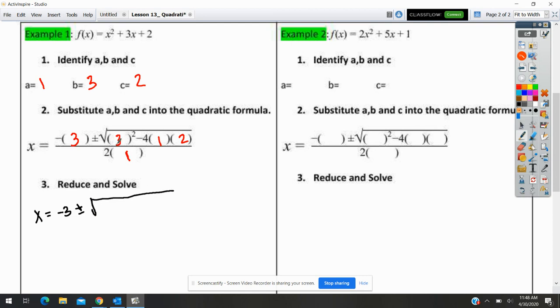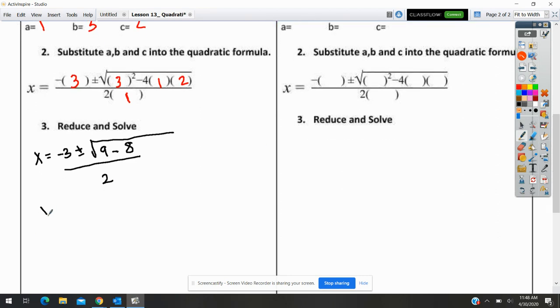Now, 3 squared, 3 to the second power, is 9. And here we have 4 times 1 times 2. I'm going to keep that minus, and 4 times 1 times 2 is 8, divided by 2 times 1, which is 2.